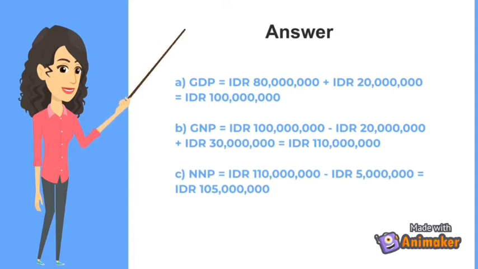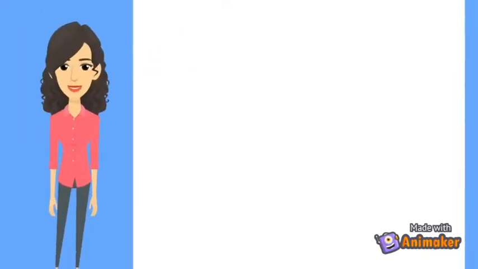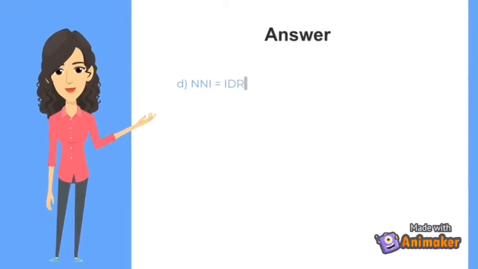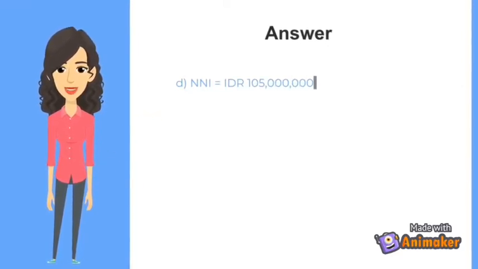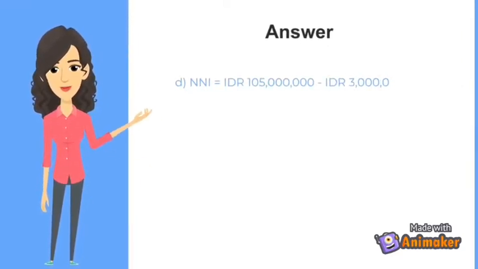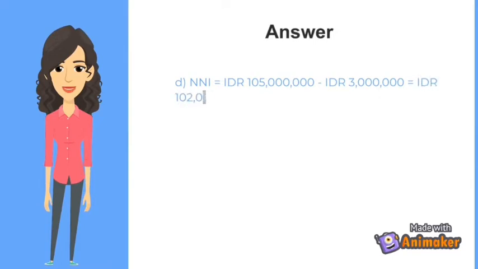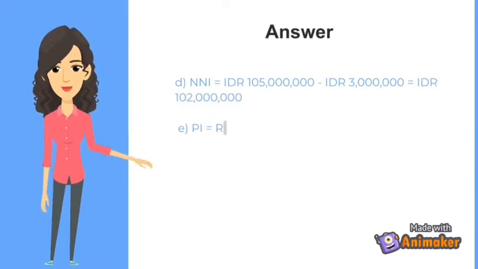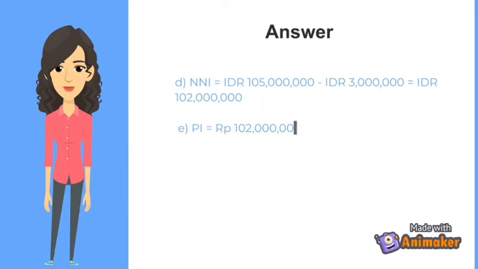C. NNP equals 110 million Indonesian rupiahs minus 5 million Indonesian rupiahs equals 105 million Indonesian rupiahs. D. NNI equals 105 million Indonesian rupiahs minus 3 million Indonesian rupiahs equals 102 million Indonesian rupiahs.